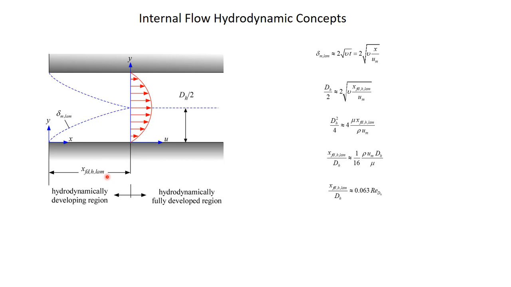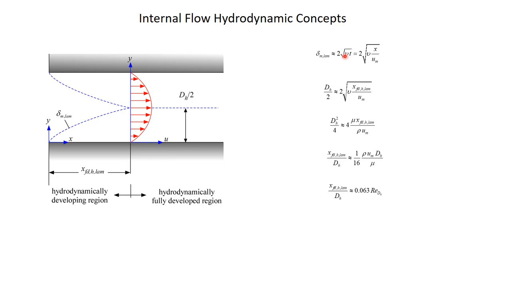As long as the flow remains laminar, we can estimate that using concepts that we've already developed from external flow. For external flow, we said that because this momentum boundary layer is basically being driven by a diffusive transport of momentum, it's obeying at least approximately this equation right here, where it grows like 2 times the square root of time, and this property that dictates how it grows is the molecular kinematic viscosity.